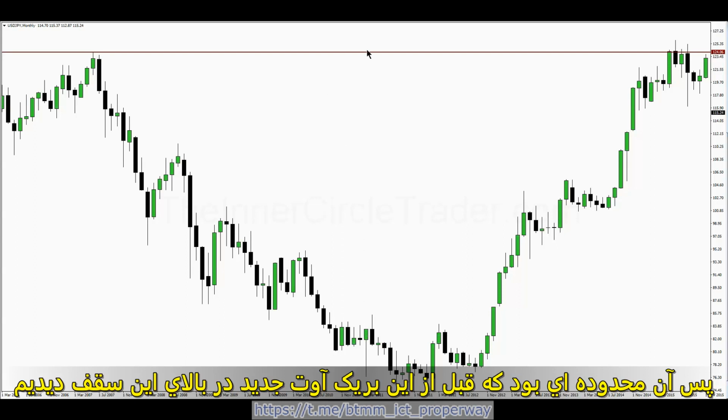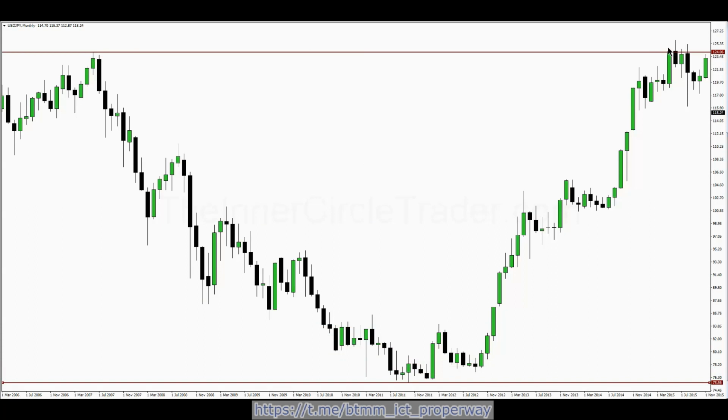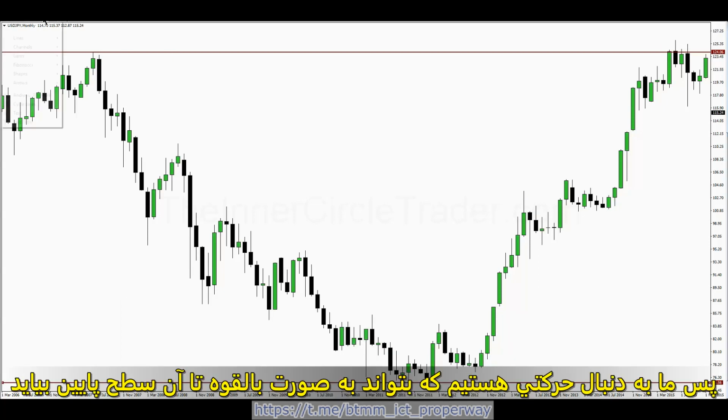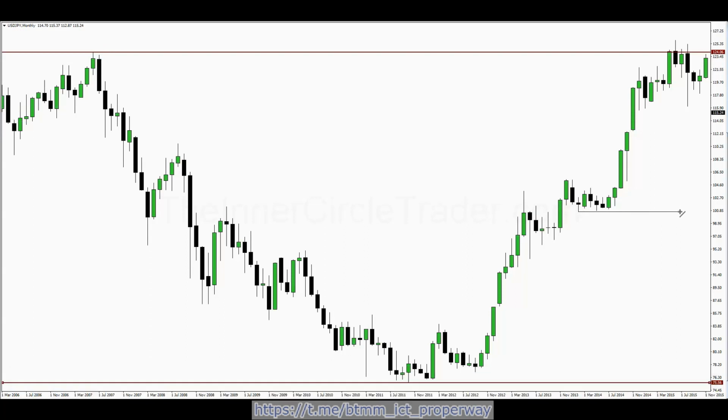That was the range prior to the new breakout above this high. At this point, we know we have the equilibrium down here, but more importantly, we have clean lows right below there. So we would look for a move that could potentially come down to that level.